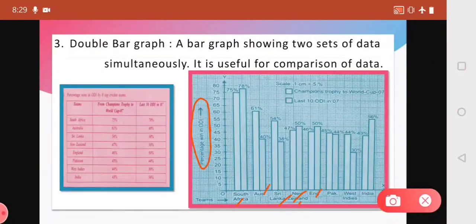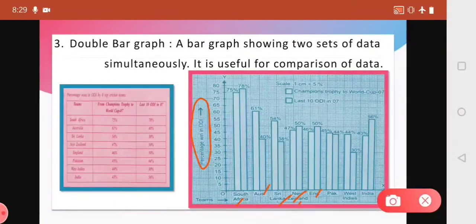After that we compare both the things, that is two different things, World Cup and other ODIs. So we will make two bars together, one bar for World Cup and one bar for other ODIs for each country.